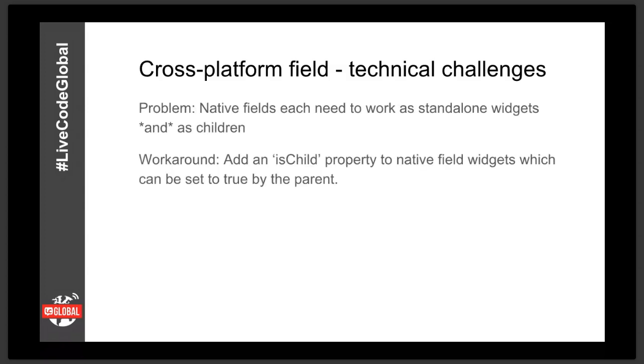Another thing to work around here is that the native fields still need to work as standalone widgets, as well as when they're acting as the child widget for the cross-platform field. So another little workaround here is just adding an isChild property, which can be set to true by the parent.